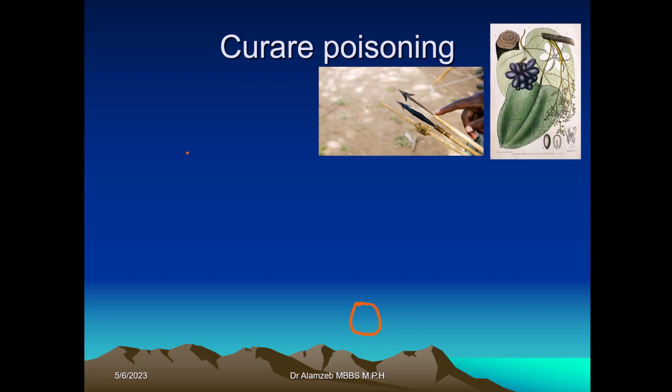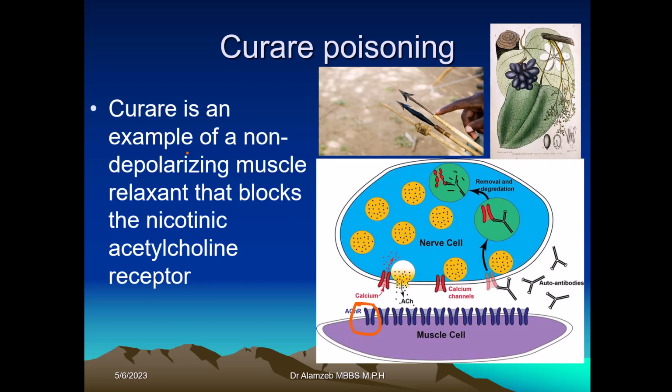Curare poisoning is another poison which causes paralysis of muscle, and it was used by Africans. They applied this poison to their arrows for hunting animals, and by this arrow they were able to paralyze the animal.